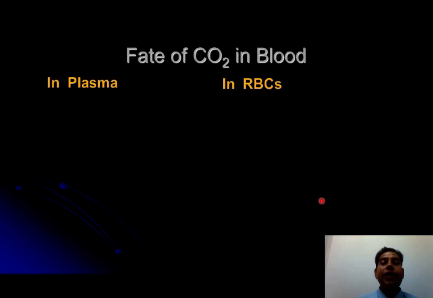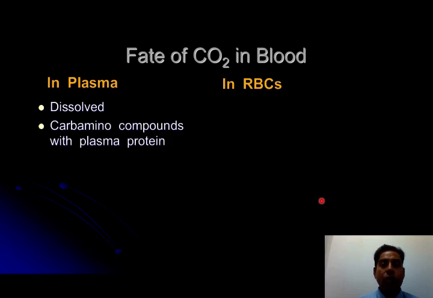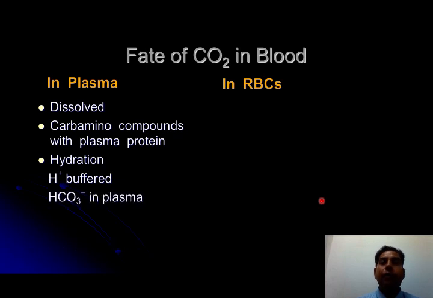Now, if you look at the fate of carbon dioxide in the blood, in the plasma, we've already seen it can be transported in dissolved form. It can form carbamino compounds with the plasma proteins. It can be hydrated to form bicarbonate and hydrogen ions. The hydrogen ions can be buffered, and the bicarbonate is the major form of transport in the plasma.